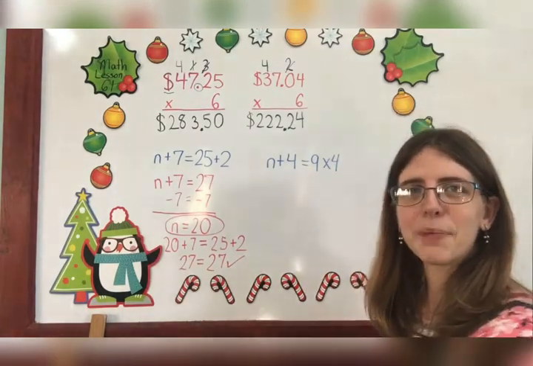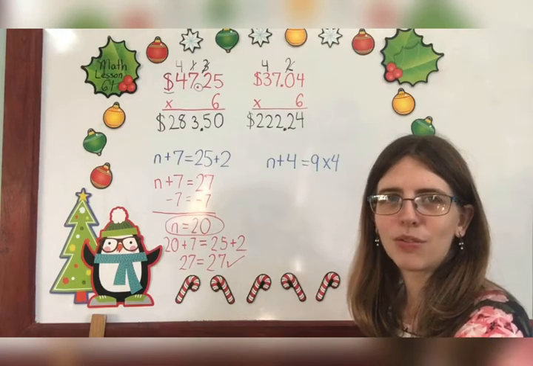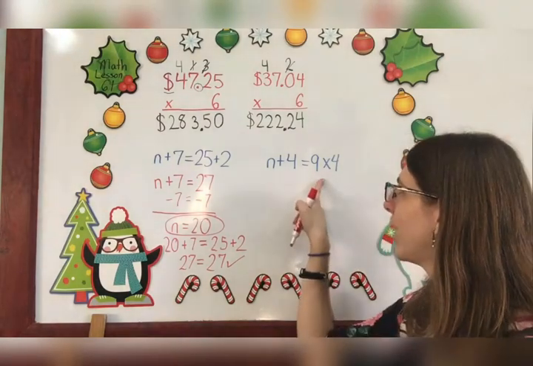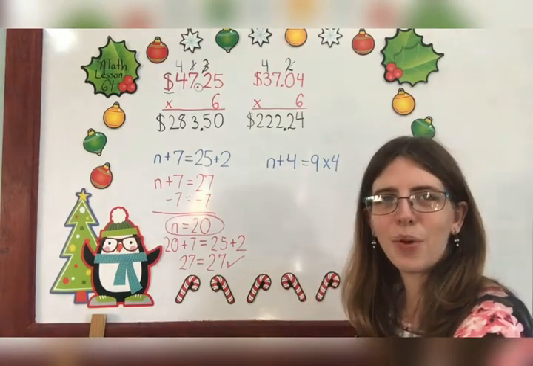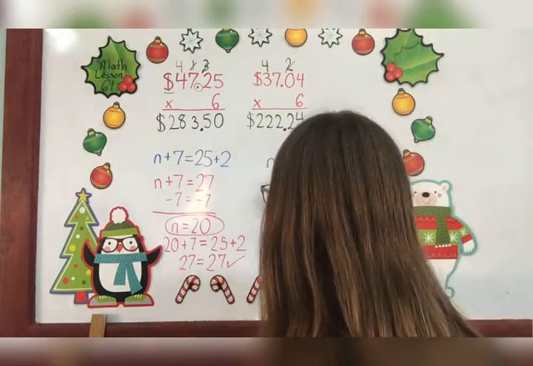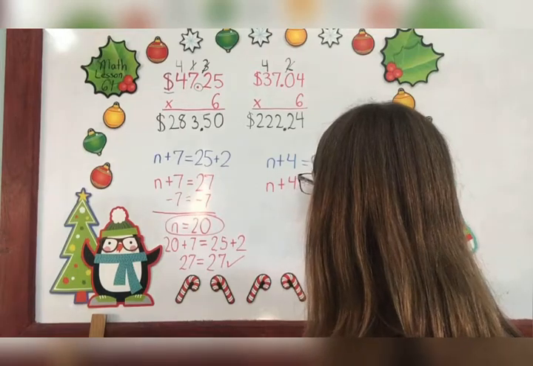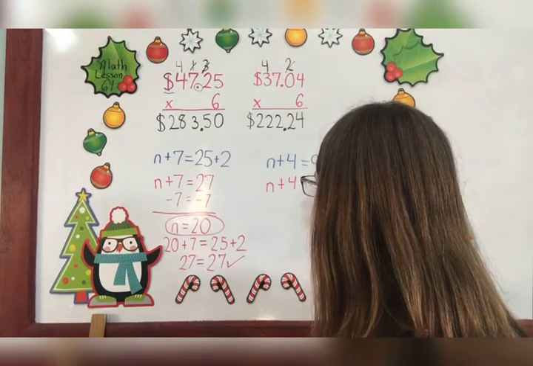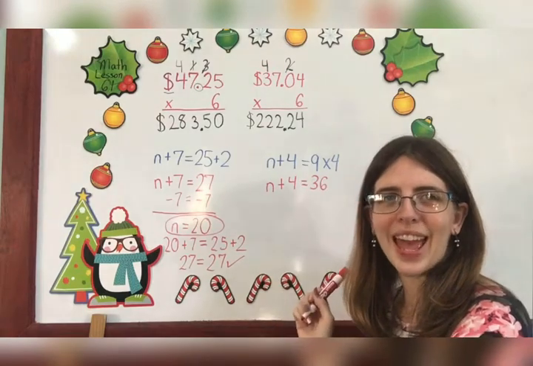All right, let's do letter B together. N plus 4 equals 9 times 4. I'm going to start with what I know I can solve, which is 9 times 4. What's 9 times 4? 36. Very good. So I have n plus 4 equals 36. Now I have to do the opposite of what I'm doing to n.